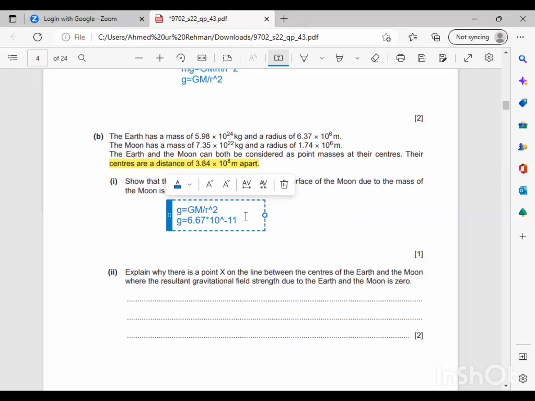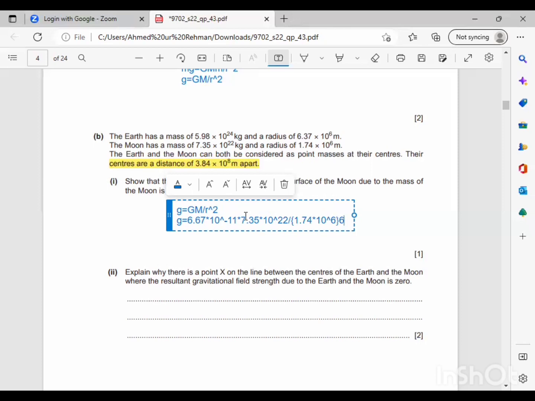So g is equal to 6.67 into 10 to the power minus 11, into the mass of the moon, which is 7.35 into 10 to the power 22, upon r square. r is given as 1.74 into 10 to the power 6, and we simply square this value.